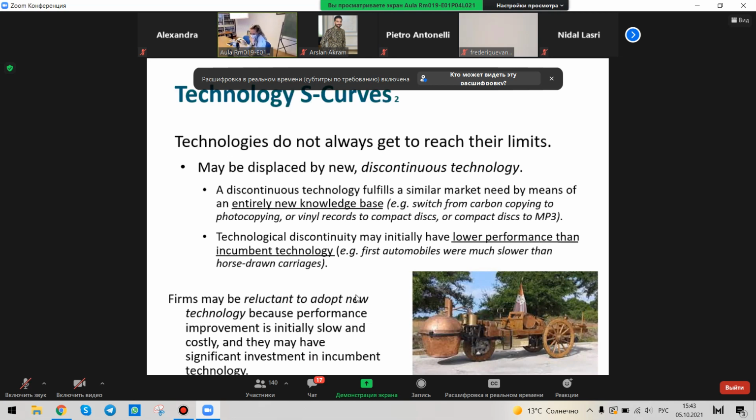So usually, these discontinuous technologies are introduced within a market by market leaders that of course have the power in terms of resources and knowledge, or by new companies that might, for example, diversify, so enter a new industry by exploiting a technology developed in one industry for another industry, okay?